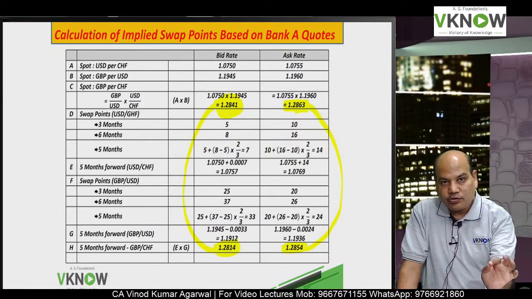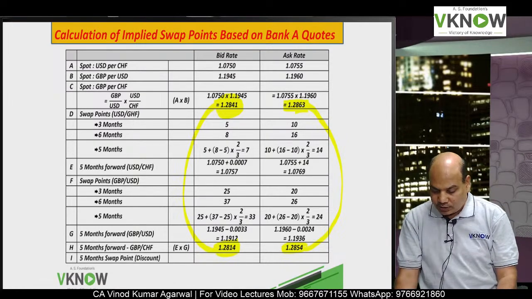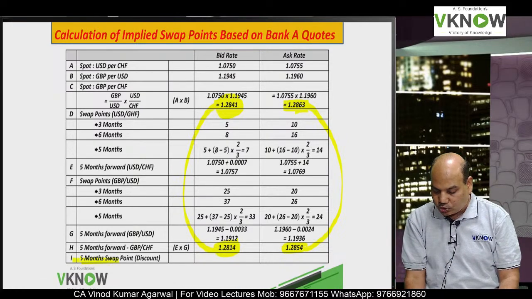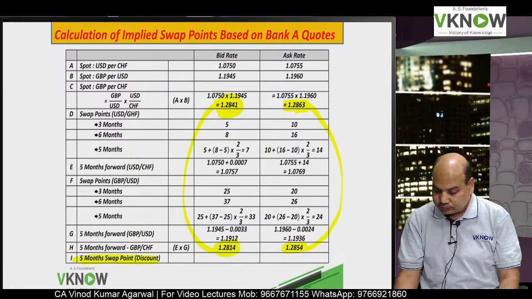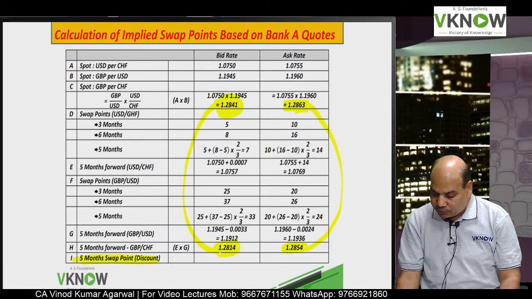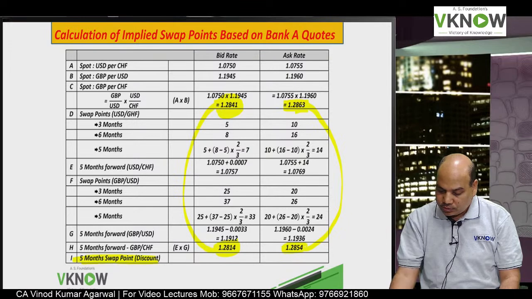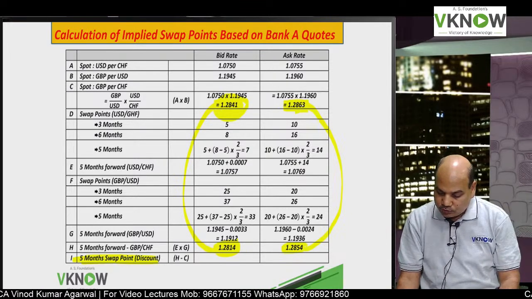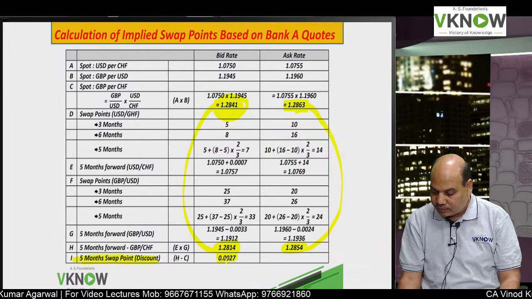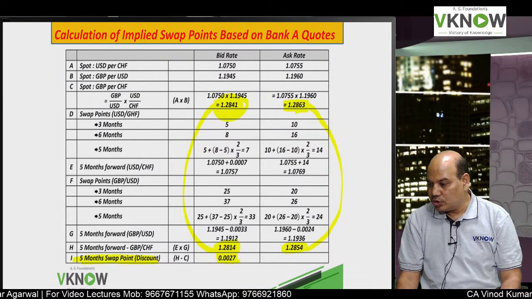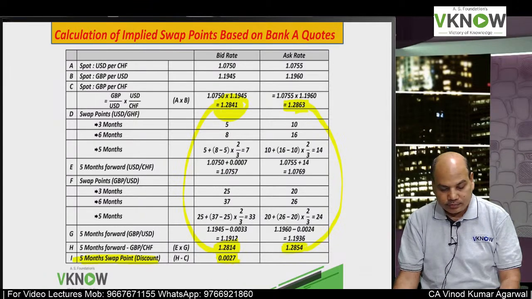Because the forward rate is below the spot rate, it is at discount. So write down 5 months swap points discount. Take the difference between 1.2814 minus 1.2841, H minus C, but don't write the negative sign. 0.0027.